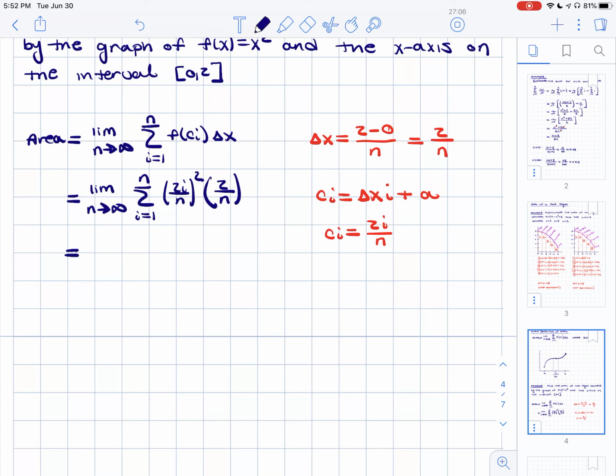Now this 2 over n doesn't have an i in it, and our summation is over i, so we can actually pull that right out of the sum. It still has to stay inside the limit, but it can be out of the sum.